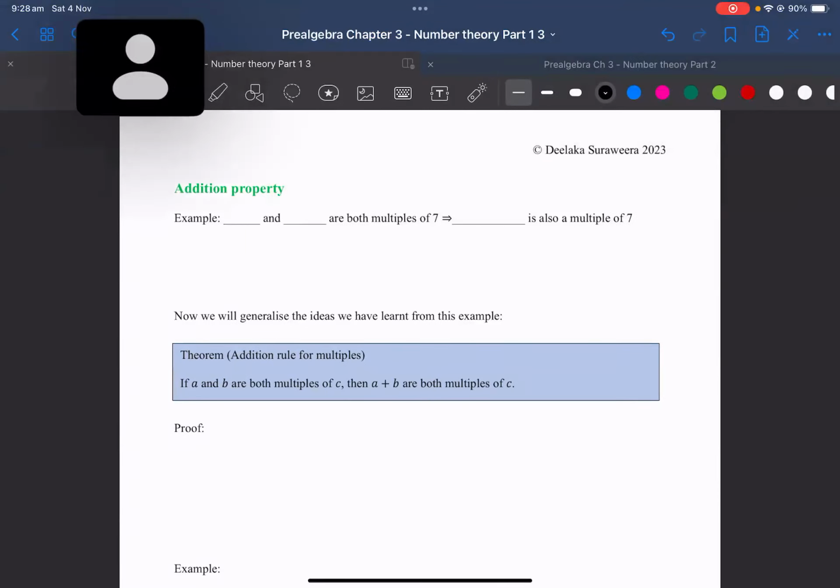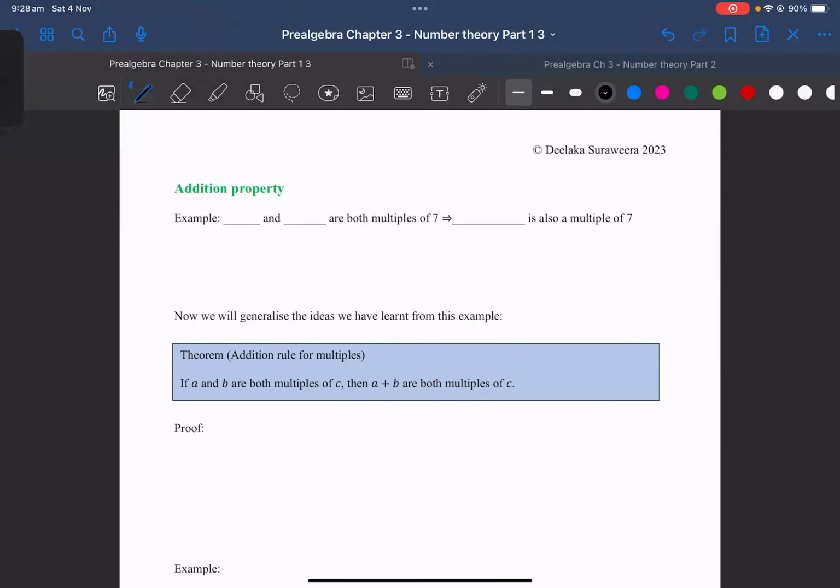So let's come together and discuss this. Can you guys give me a multiple of 7? $210. Very good, a big one as well. Another one? Anyone? 140.